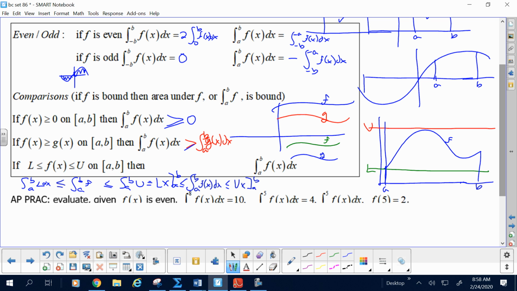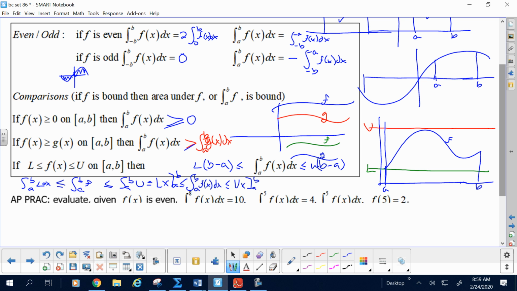Now with that said, do these A and B go in for L or x? x. Okay. So when they go in for x, do you want to get something like L times (B minus A)? Are you with me? And U times (B minus A). So the integral would have to be between those two.